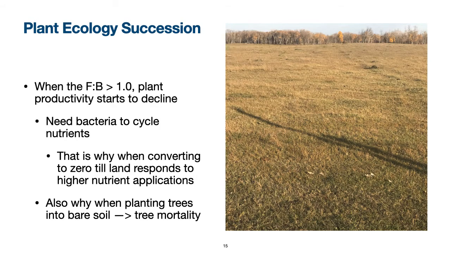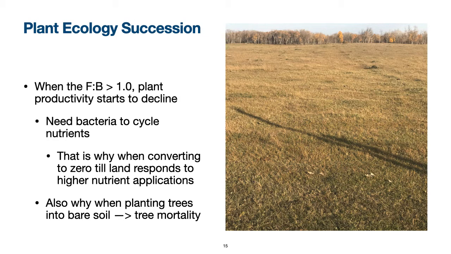When we have a fungal bacteria ratio over 1.0, or 1 to 1, we usually start seeing plant productivity decline. That's normally because when we go into a management where we're not fostering that bacteria to grow and thrive, our nutrient cycle starts slowing down.